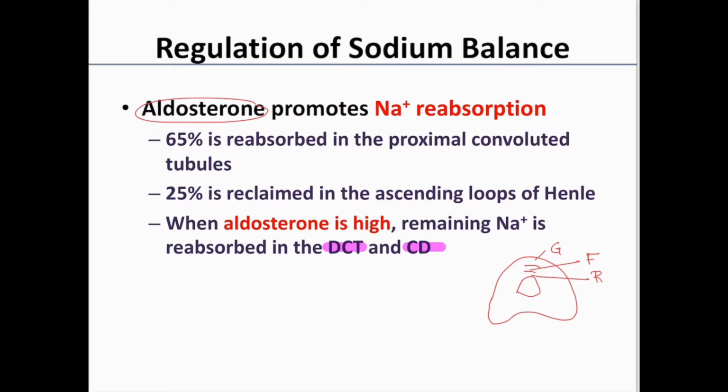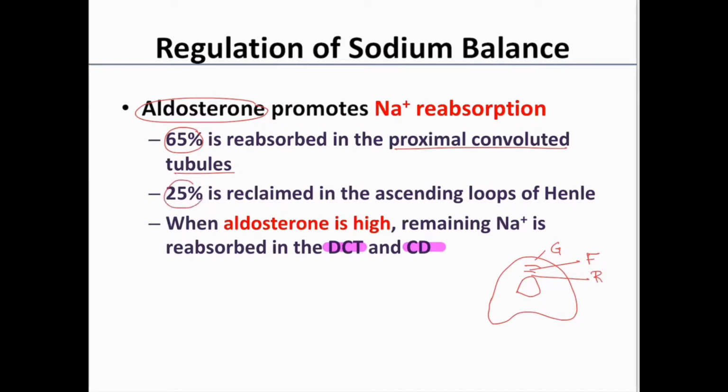How important is aldosterone here in terms of water regulation? 65% of the water is reabsorbed in the proximal convoluted tubules, and this is a mandatory water reabsorption. It's going to take place anyways.